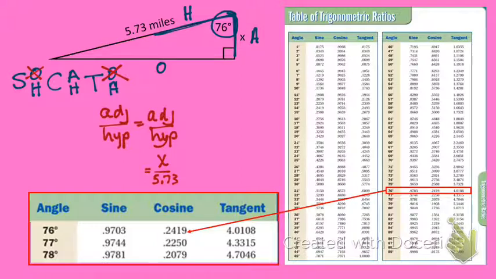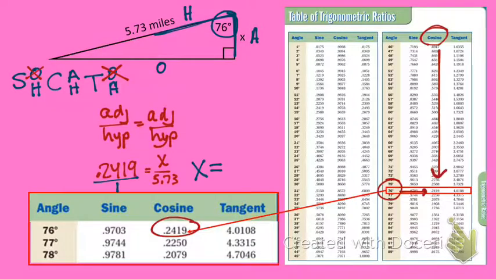So to find that number on the trig table, your first step is find the right column. We get 1.386. So the length of the adjacent side of this 76-degree right triangle is 1.386 miles.